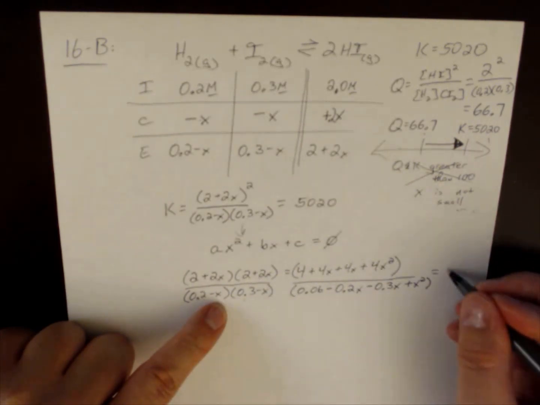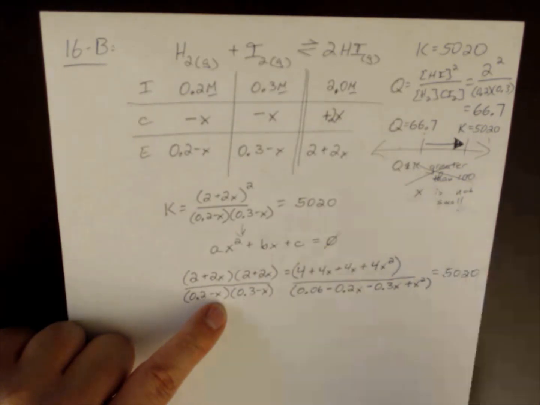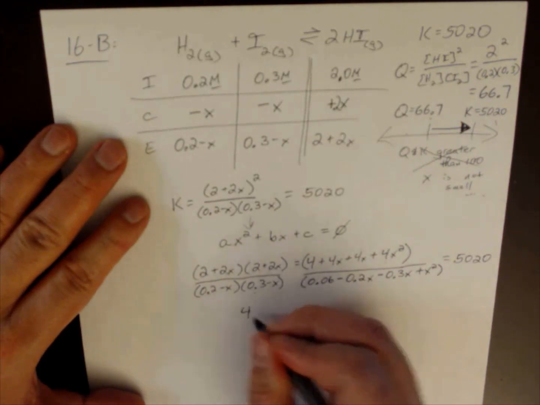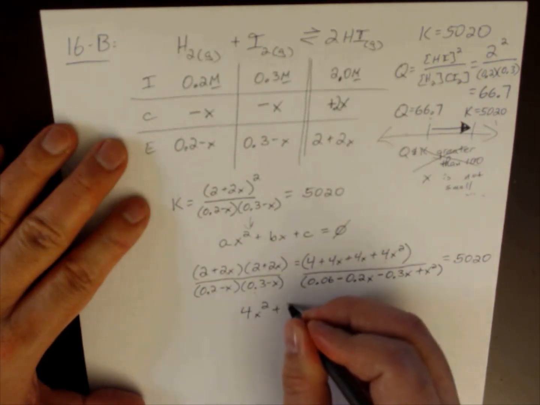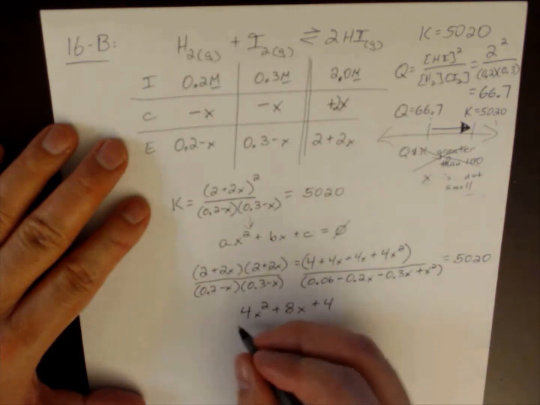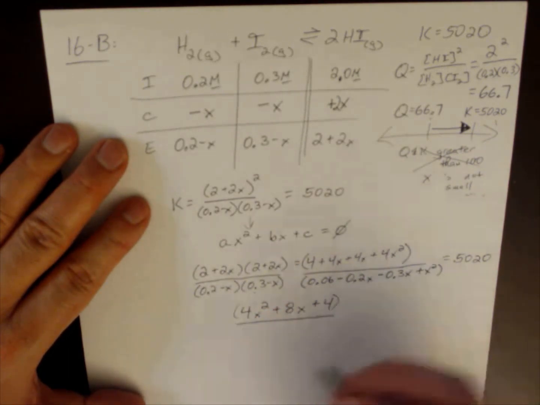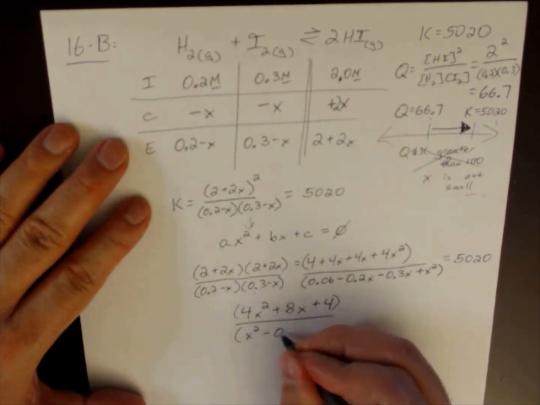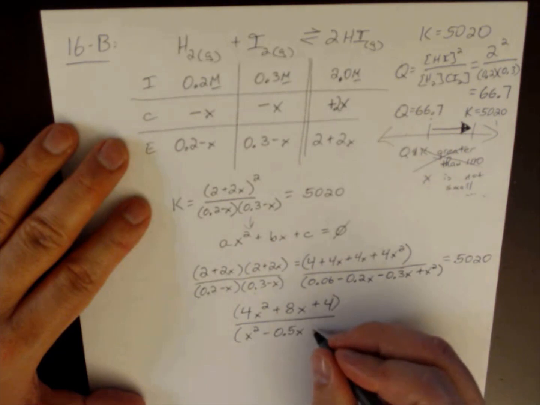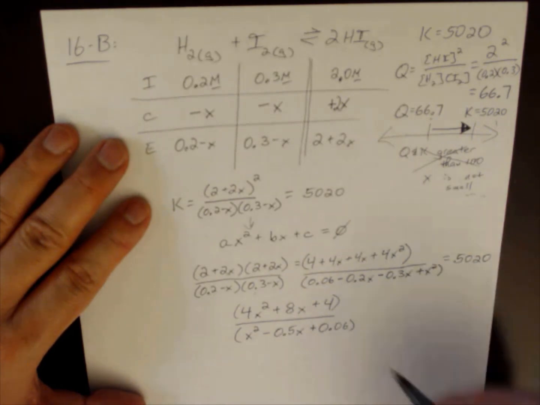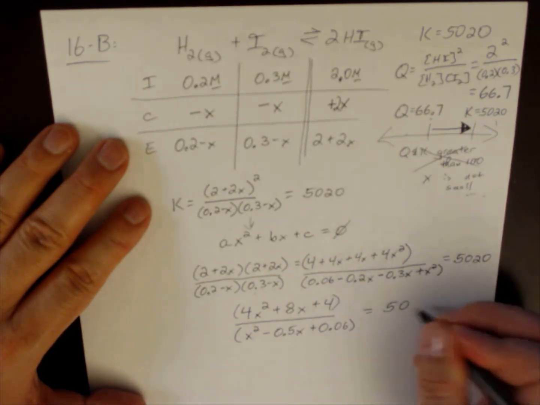And then this equals 5,020. Let's simplify this. That would be 4x squared plus 8x plus 4 over x squared minus 0.5x plus 0.06, equals 5,020.